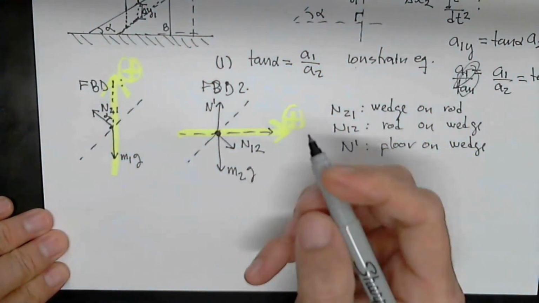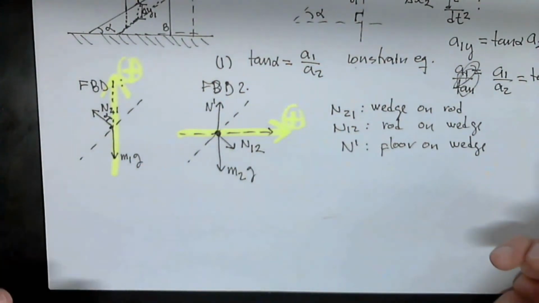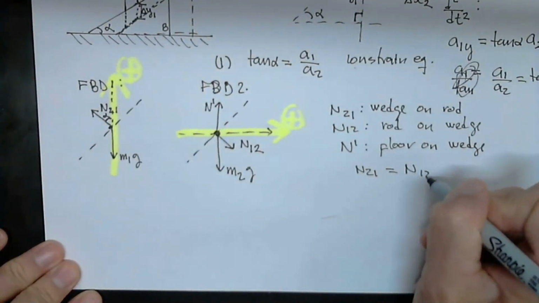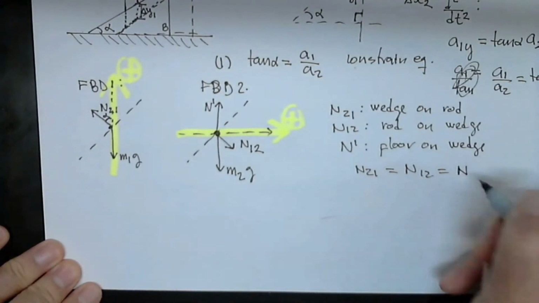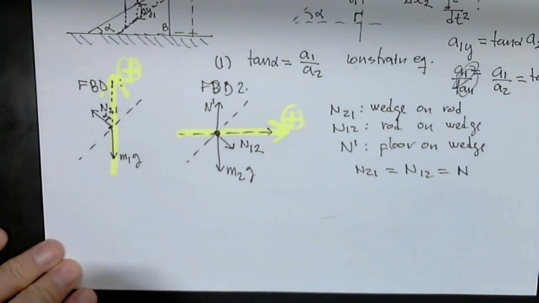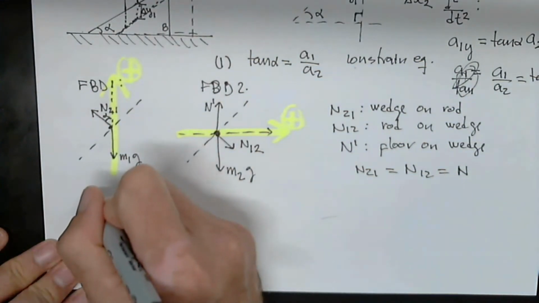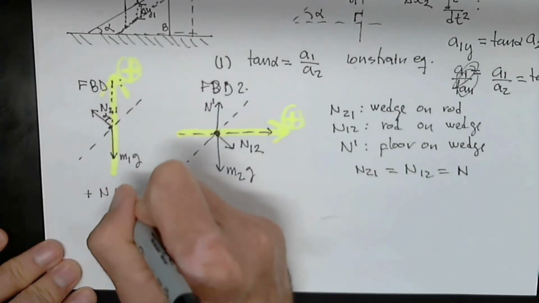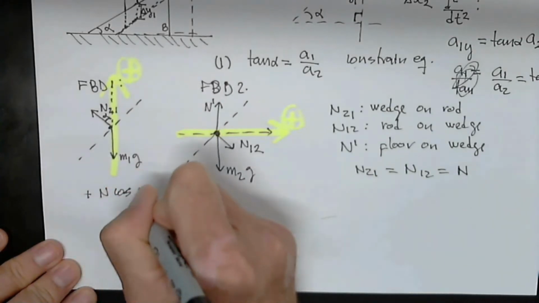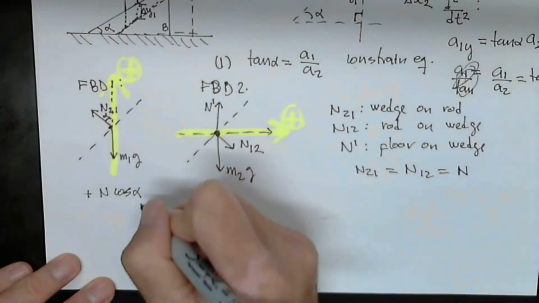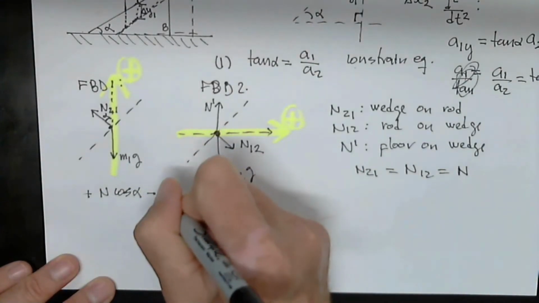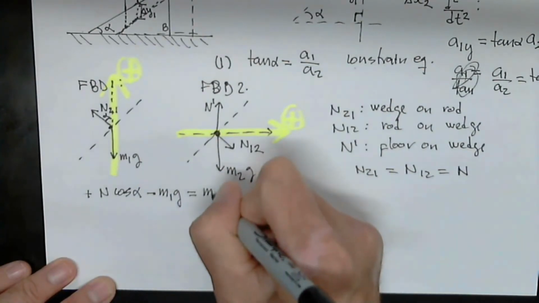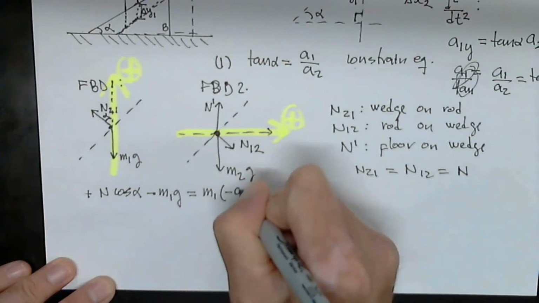Over here I have N2 on 1, and N1 on 2, I will just call it N. So I get N cosine of alpha minus M1g equals minus M1 a1.